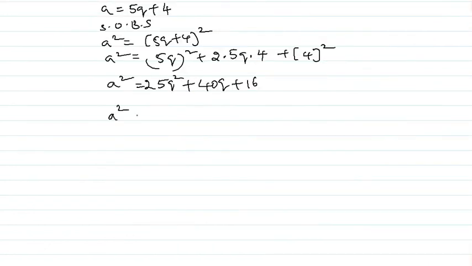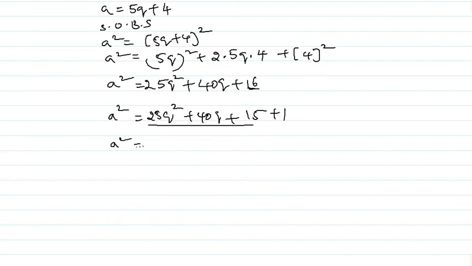Now we will get a square is equal to 25q square plus 40q, and the 16 we can write as 15 plus 1. So from these three terms you should take 5 as a common, then you can write the remaining terms. 5 times 5 is 25q square. Now 40 there, so in the 5 table you will get 8 5s are 40, plus here 15 there, so 5 times 3 is 15, plus 1.